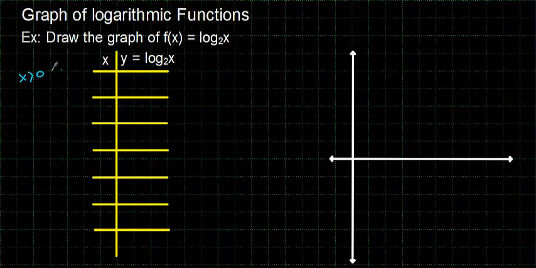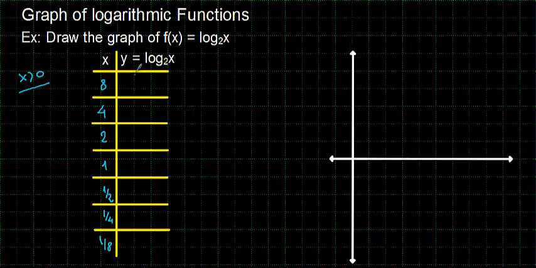Here the base is 2, so I'm going to choose numbers related to 2. I'll start with 8, then choose 4, 2, 1, then 1 over 2, 1 over 4, and 1 over 8.